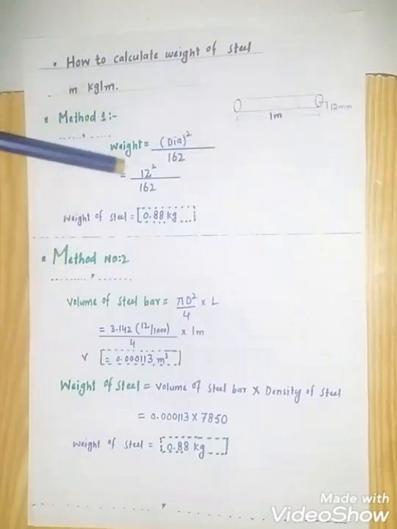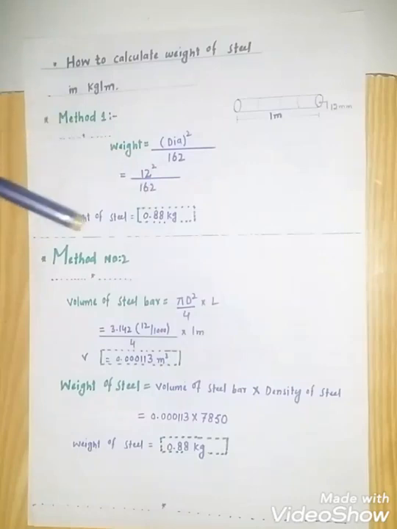The dia bar is 12, square divided by 162. The weight of steel bar is equal to 0.88 kg.